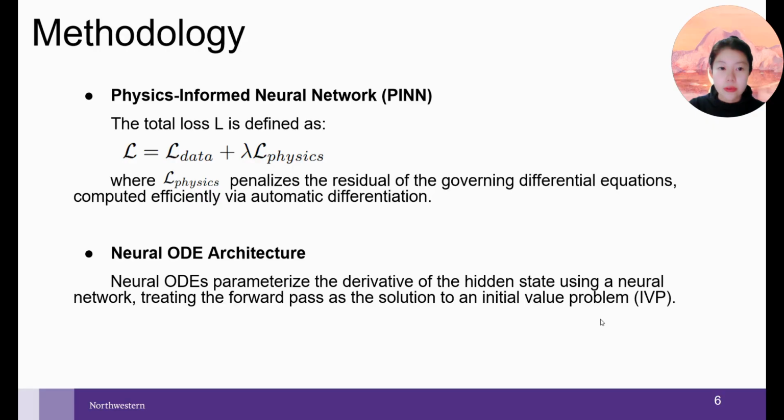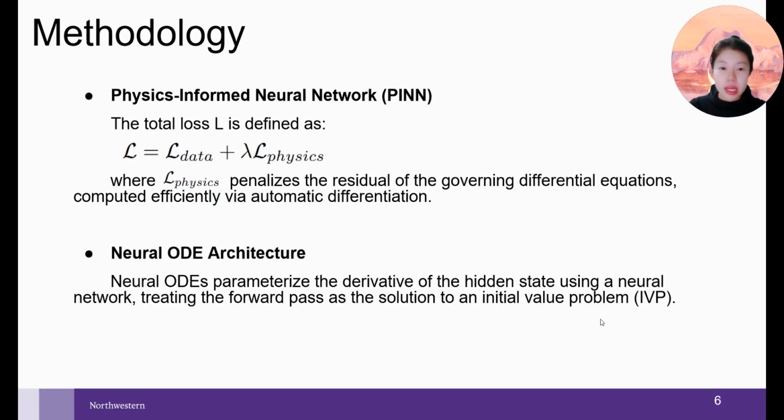First, let's look at the physics-informed neural network. The core idea here is to rethink the loss function. As you can see on the slide, instead of just minimizing the error between our predictions and the training data, which is the L data term, we introduce a second term, the physics penalty, or L physics.